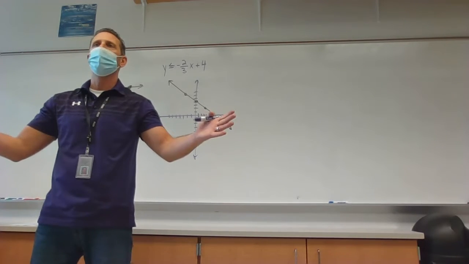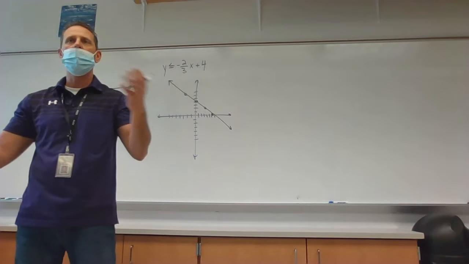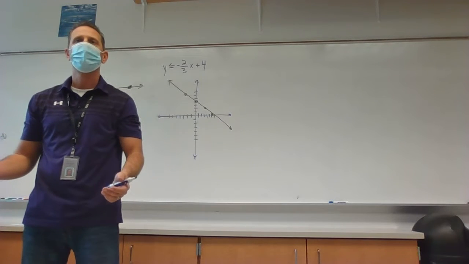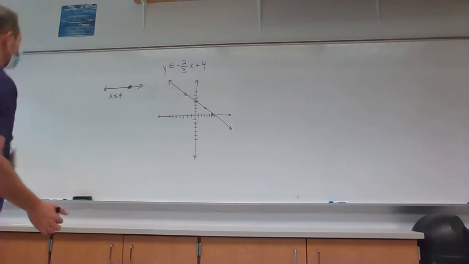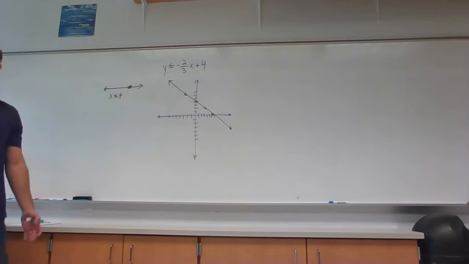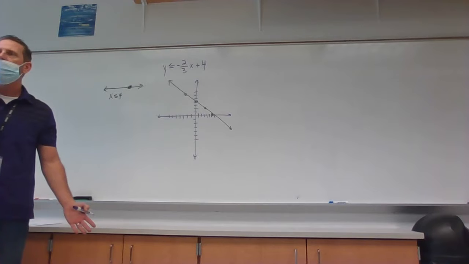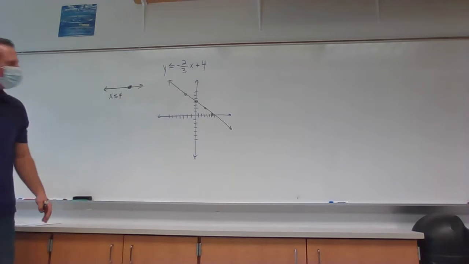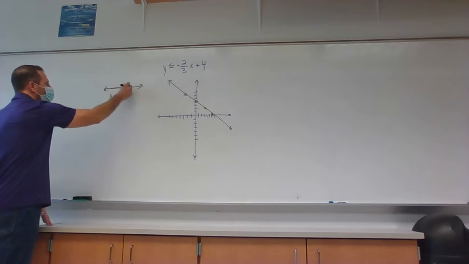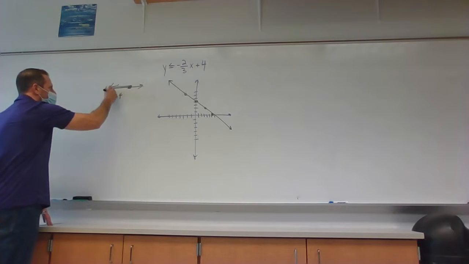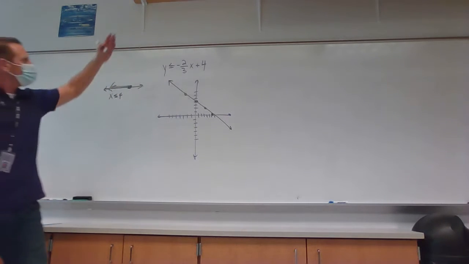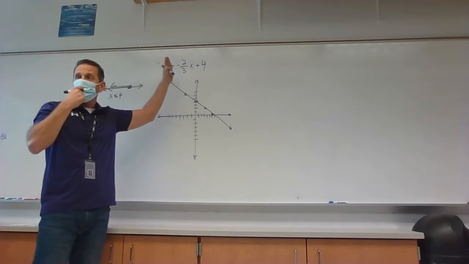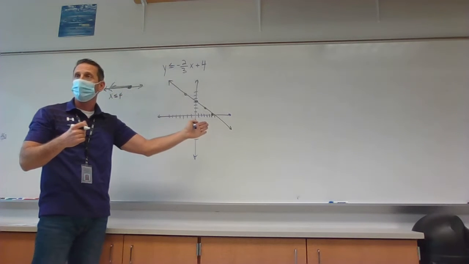It's not an open circle, it's a closed circle. But then what else? Are we done? We have to make a line, right? We have to show where all the values that are less than 4 are. Well, we have to do the same thing with a line graph, okay?